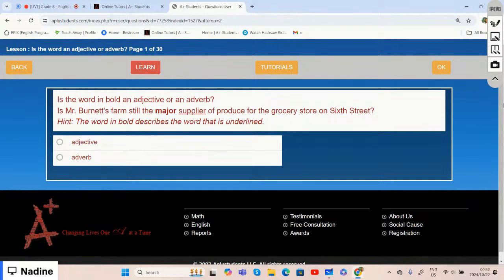The word that is underlined is either a noun or it is a verb. So option one, adjective. Option two, adverb. Major supplier.